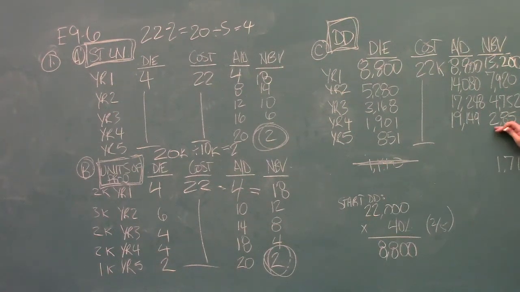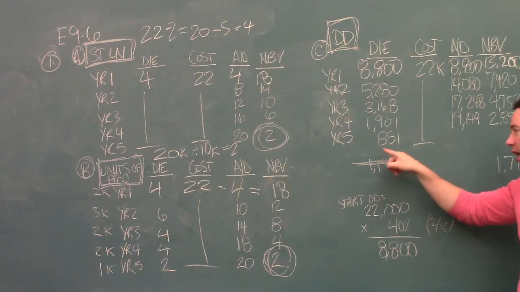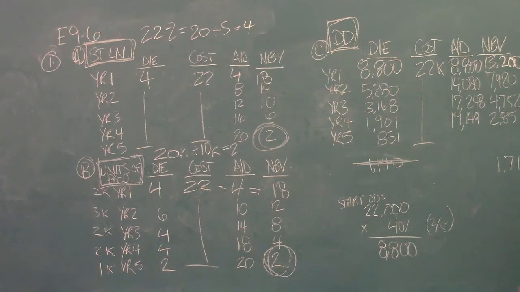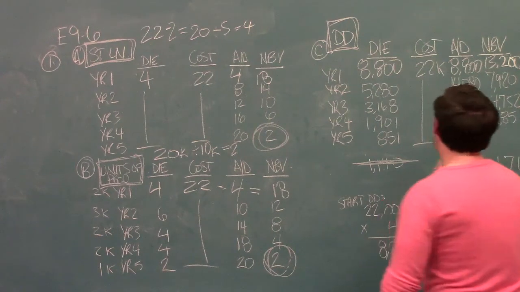So we had 2,851. The residual value is 2,000. If we took this and subtracted 2,000 from it, we know that the only amount that we can depreciate is $851, right? So then we take our 851, we add it to the 19,149. We should get 20,000, right? And that makes sense. Why?